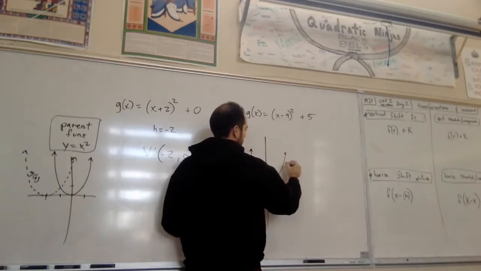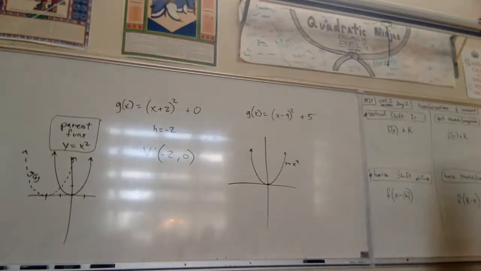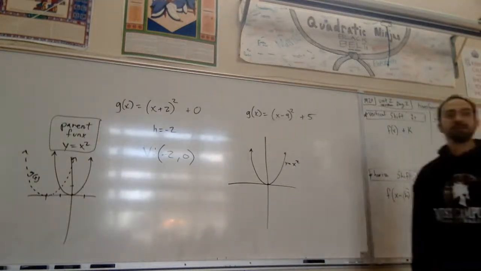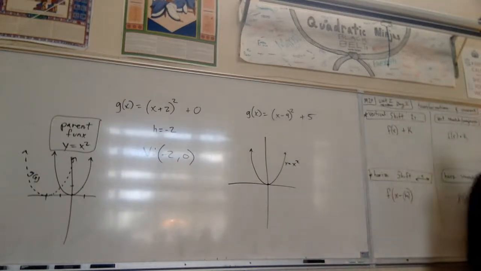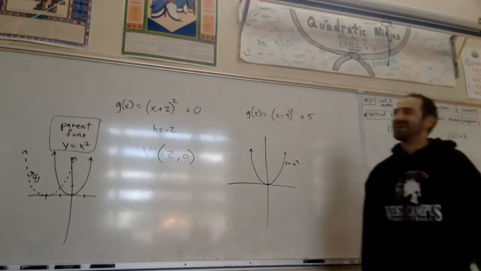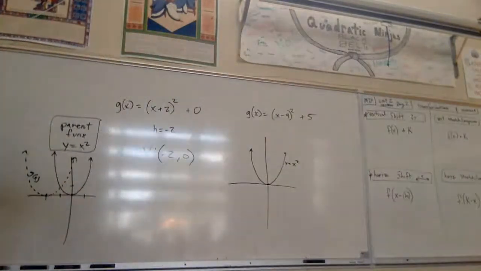So here is y is equal to x squared. We're going to just move our parent function around a little bit. Think of this as vertex form of an equation then.